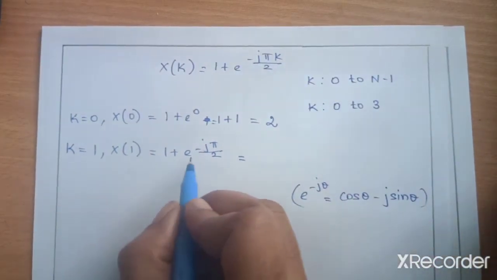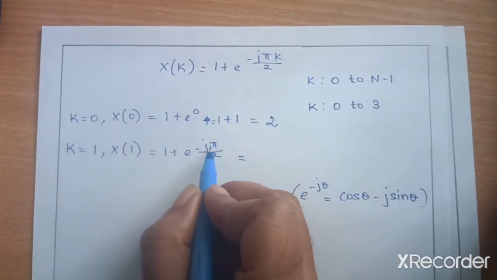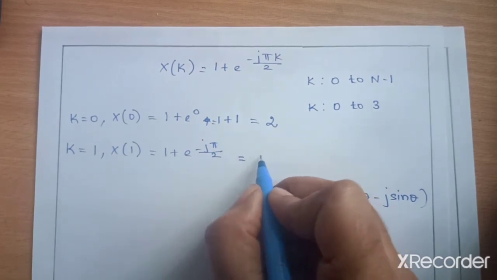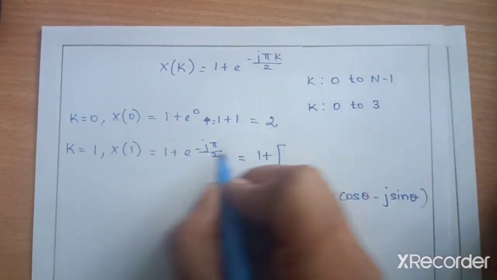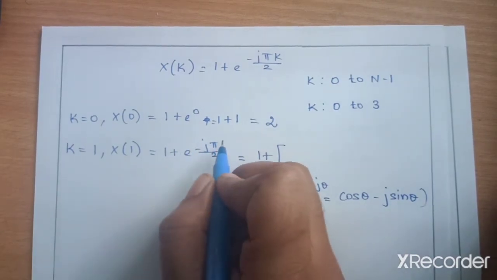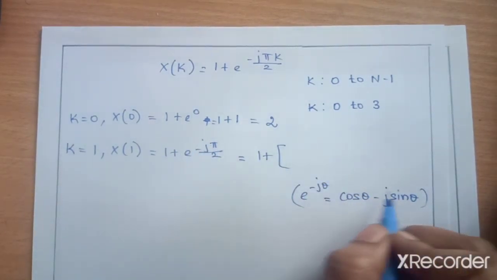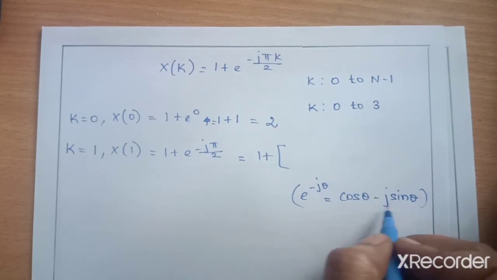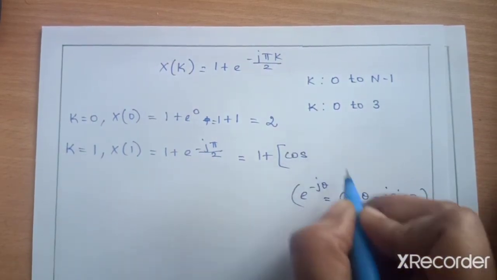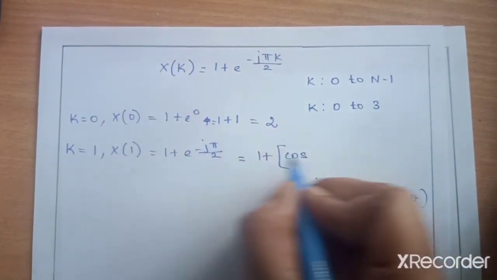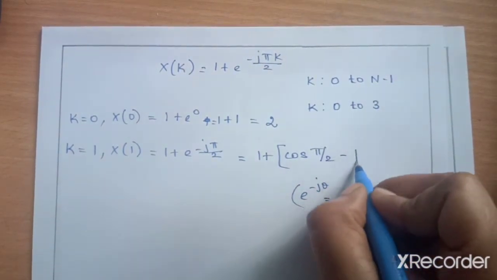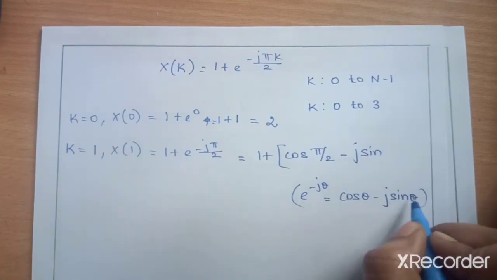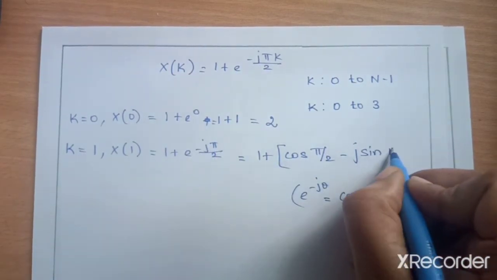So here the value of theta will be pi by 2. So you write this equation as 1 plus, in the term of e power minus j pi by 2, you express this term with respect to this formula. So cos theta with theta as pi by 2, cos pi by 2 minus j sin pi by 2.